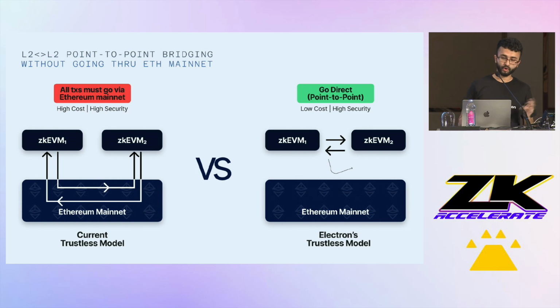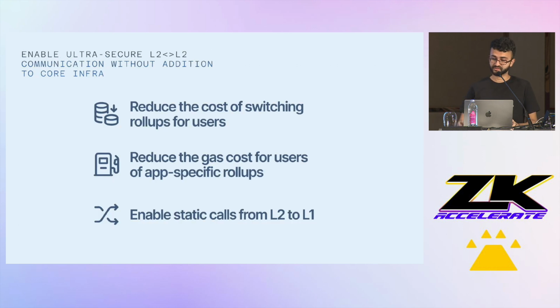If you don't use this model and you want to do a trustless transaction, you first have to withdraw your assets back to Ethereum, and then make a transaction to the second L2, which means a mainnet transaction that increases your cost significantly. So this is a trustless and cheap way to conduct these transactions. Lots of L2s are coming online, and the cost of switching between them is pretty high.